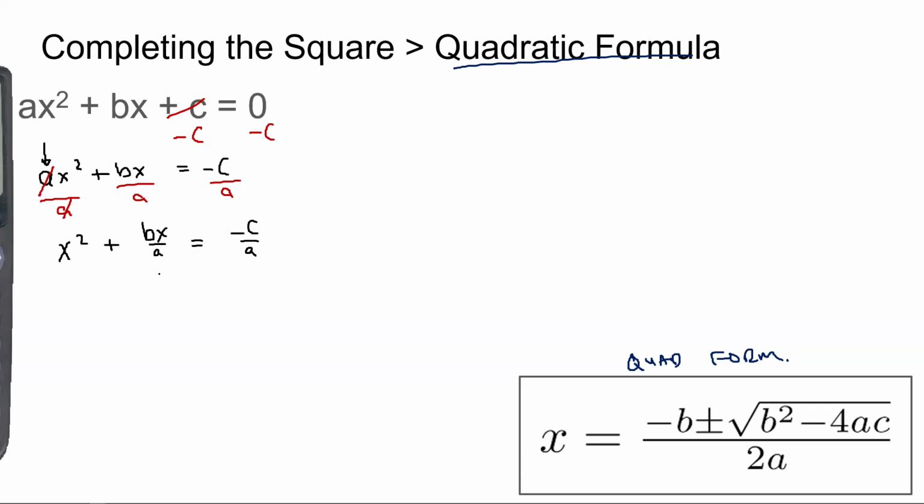I need to add something to both sides of the equation. That something should be half of b over a. So I'm taking this number right here, b over a, the coefficient of x. I need to take half of it.